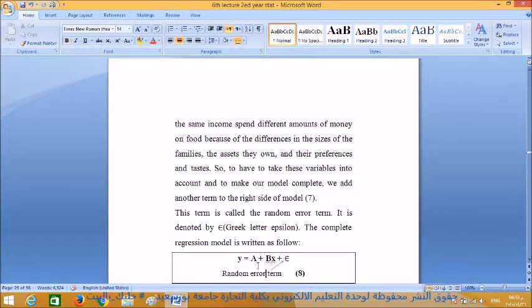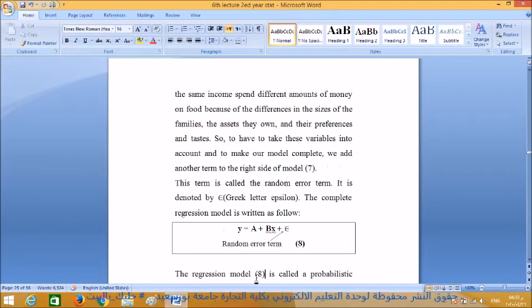Because we don't take into account all variables that affect y, we have to write the epsilon to represent the random error term. The random error term represents any error and the other variables not taken into consideration.